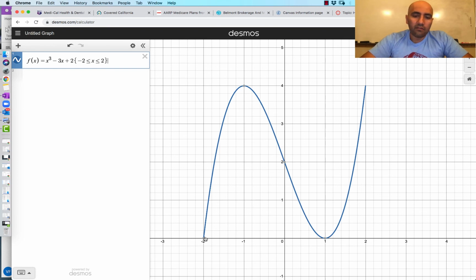And the mean value theorem talks about the slope of the line that connects the two endpoints. So I want to connect these two. I know it goes through this point here, and we did some work, we found that the slope was 1. So slope of 1 and goes through the point 0, 2 means that it's going to have the equation y equals 1 times x plus 2.